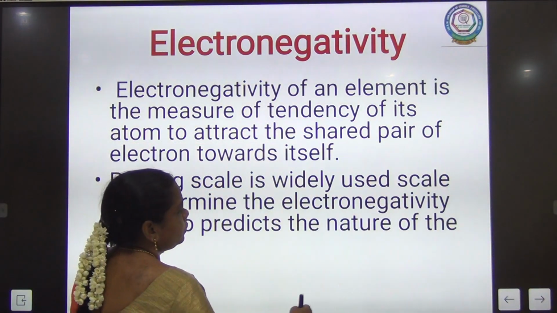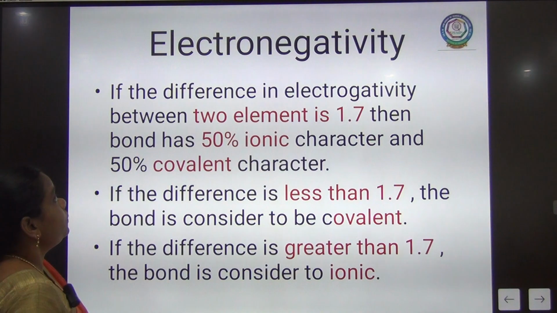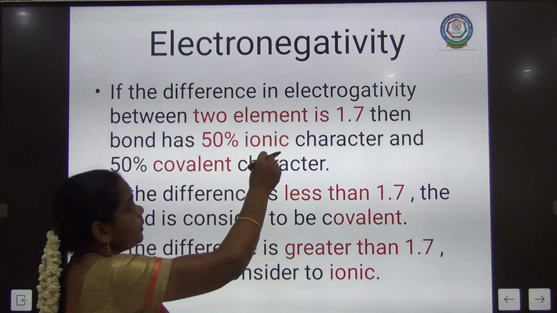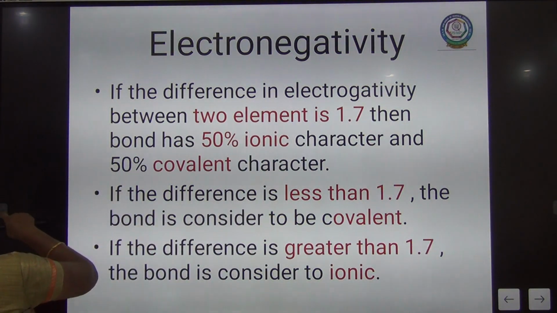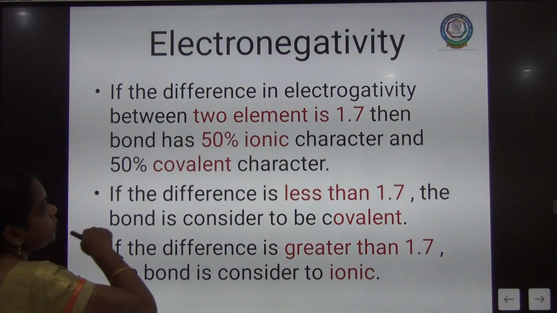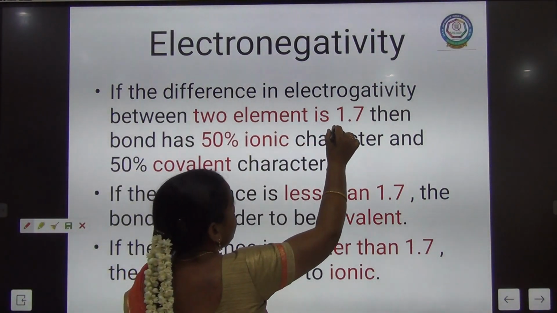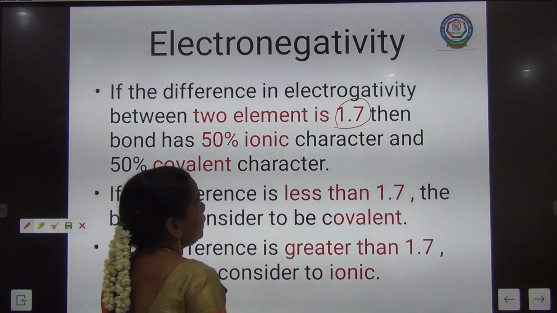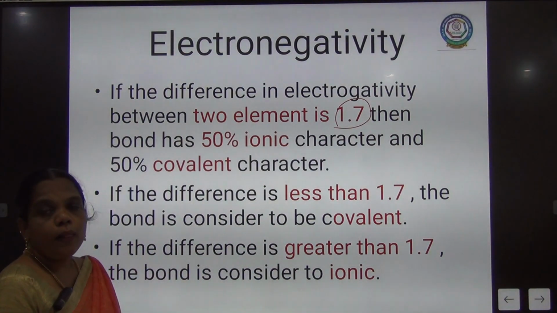Now listen. For the two elements, the electronegativity difference value is taken as 1.7 on the Pauling scale.